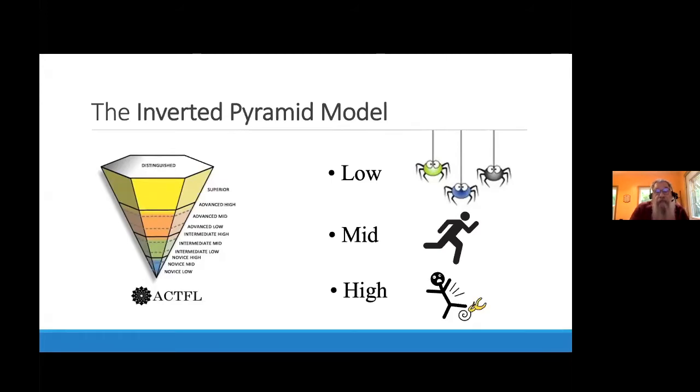And then the high is really approaching the next level, and you're starting to show command of the skills or the abilities of the next level, but you can get tripped up and you can't consistently maintain that level of communication. So you're functioning at the next level, but you can't sustain it. And that's a characteristic of a high. And so you're going along fine, and then suddenly you hit the banana peel, right? And this is represented on the inverted pyramid, you'll see, by the way the colors bleed in.